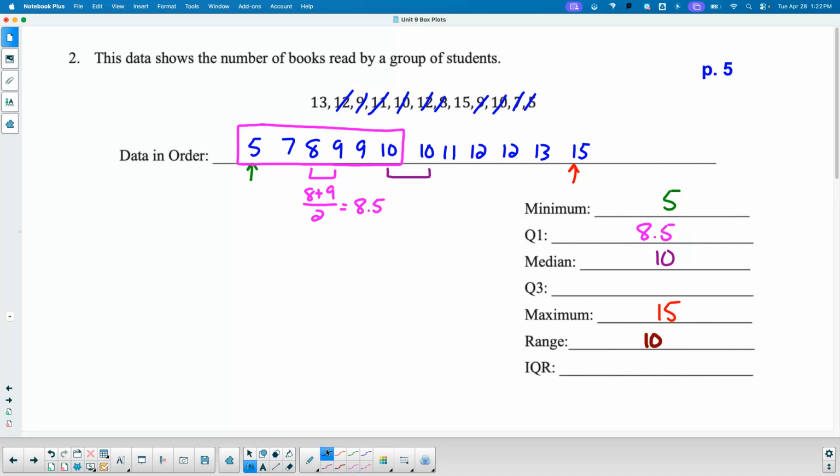Agree with that? Then I take the median of the upper half, which is going to be 12.